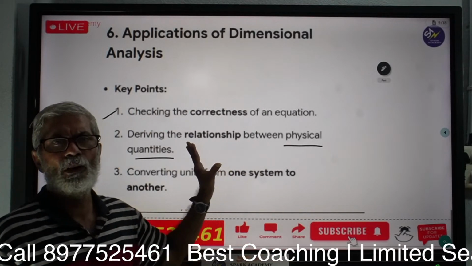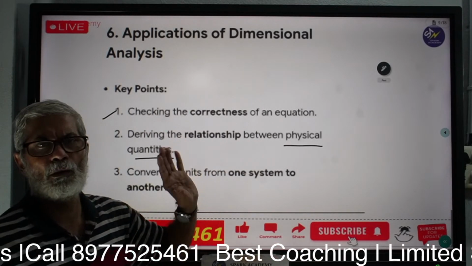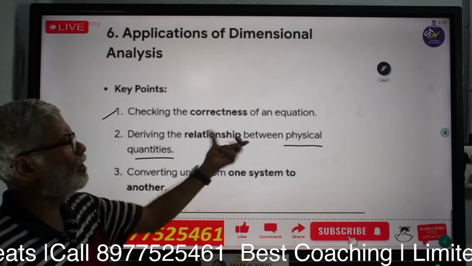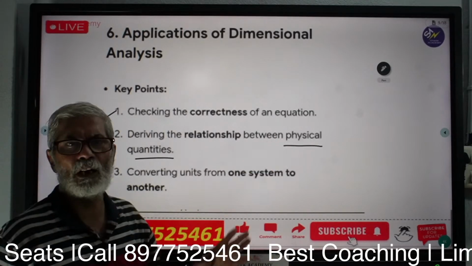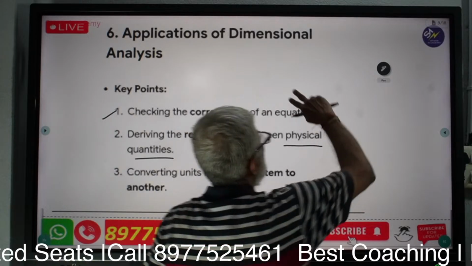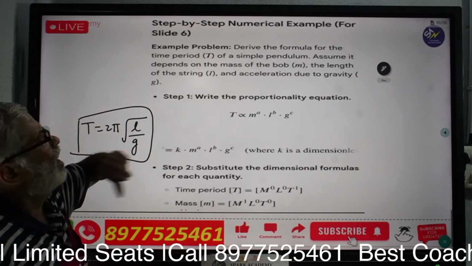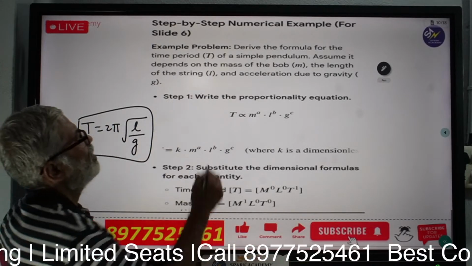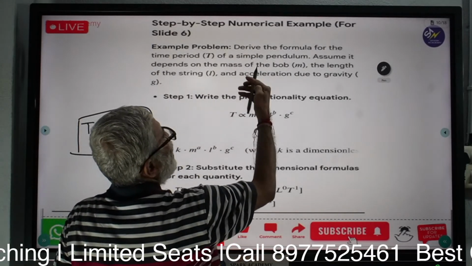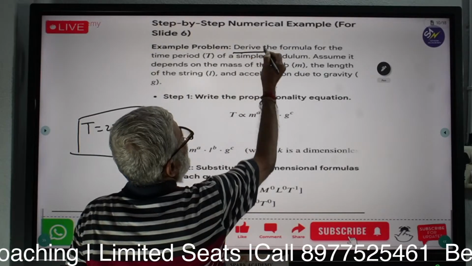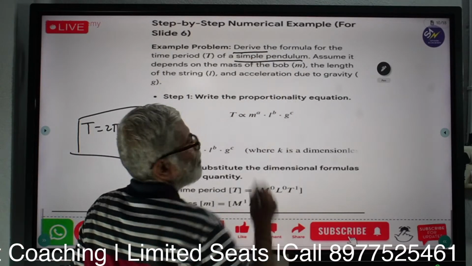I will give you a formula. You can derive different formulas. I will give one example. So this is the example. You have to derive the formula for a simple pendulum.